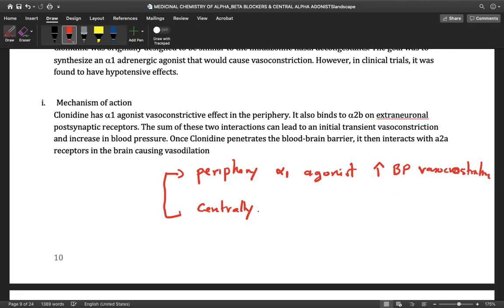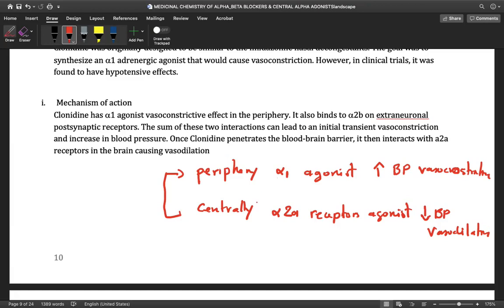When it crosses the blood-brain barrier, though, inside of the brain, it's going to actually bind to alpha-2A receptors. Okay. Also binds as an agonist. When it binds there as an agonist, it actually causes a decrease in blood pressure through vasodilation.